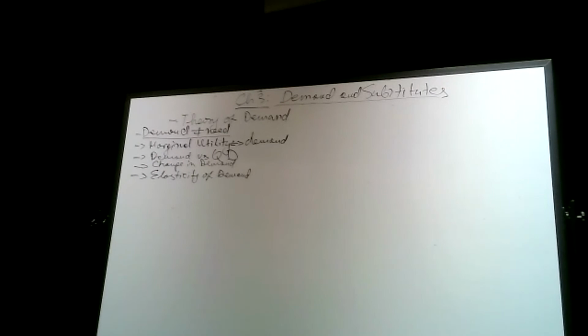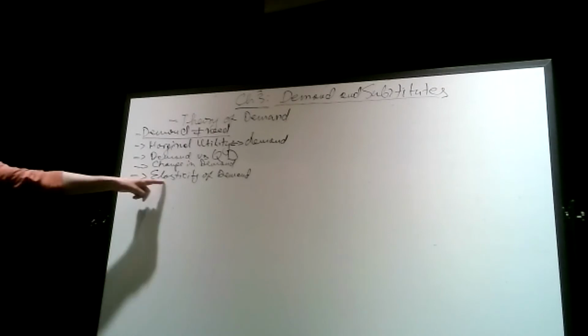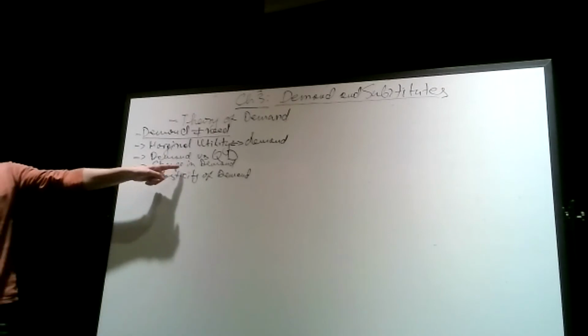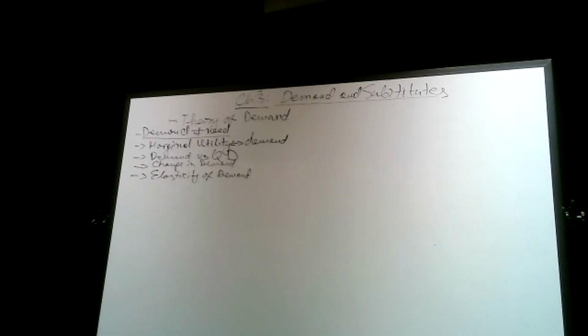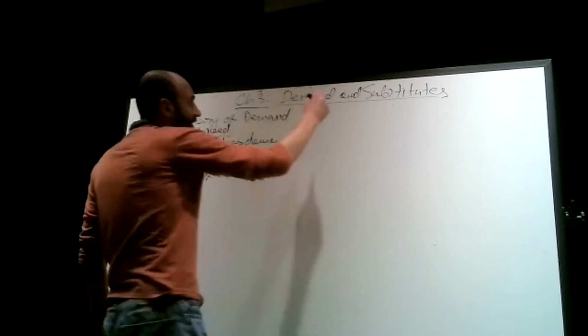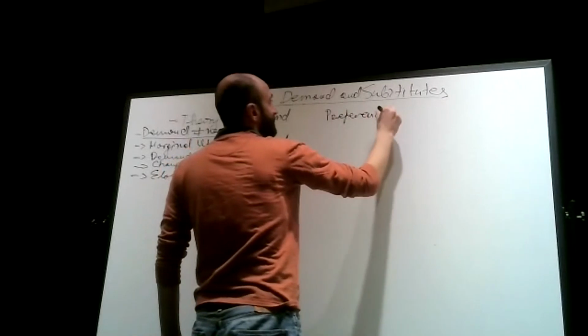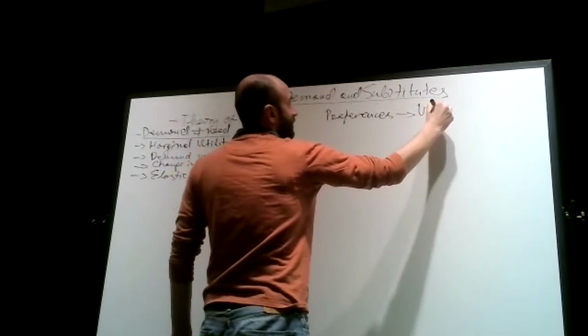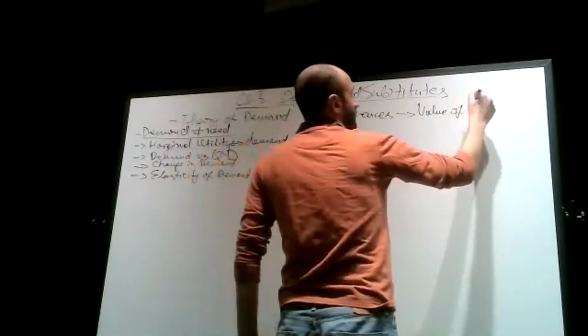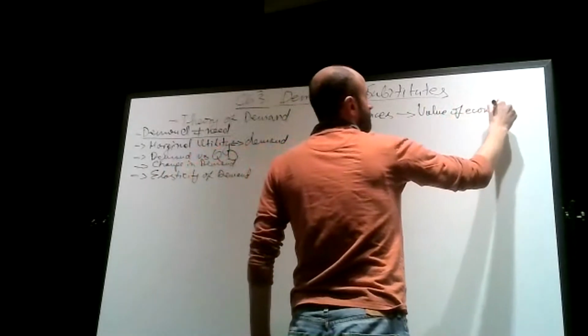So we've already determined a couple of things, that human needs and human wishes, human wants, elasticity of demand is the last one. This is change in demand. Which factors contribute to the change in demand? We've seen already that human preferences determine the value of economic goods.